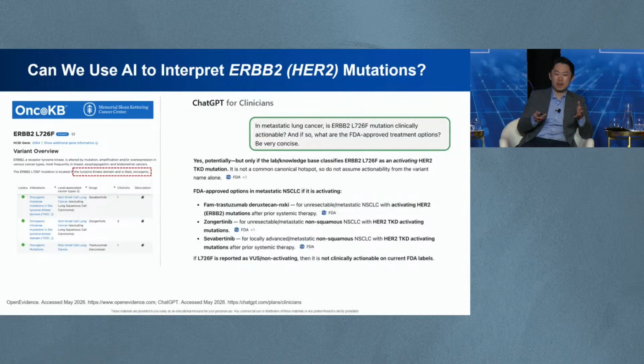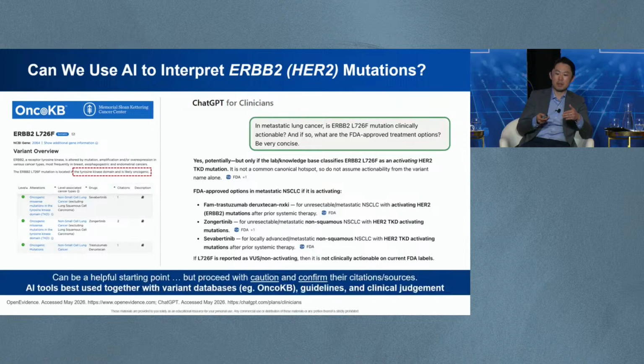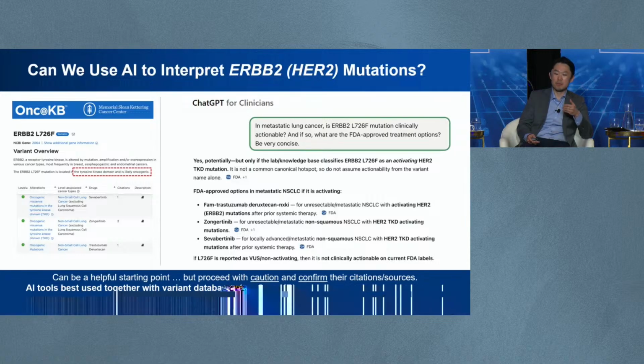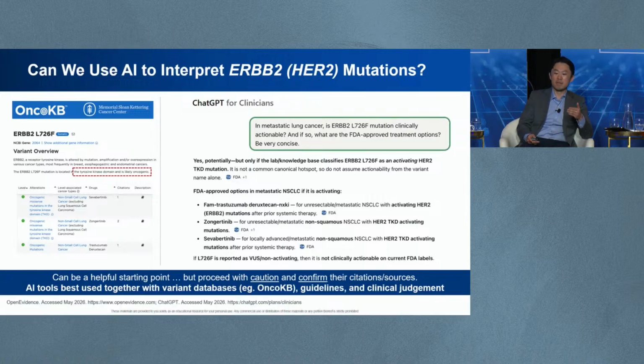Now, this is another recently developed chatbot that was released, ChatGPT for clinicians. I asked the same question, and here we're getting a similar result about this mutation. So the take-home point here is that I think these AI tools can be a really helpful starting point when we're thinking about these mutations. But I wanted to emphasize to really proceed with caution and confirm the citations and sources which they provide.